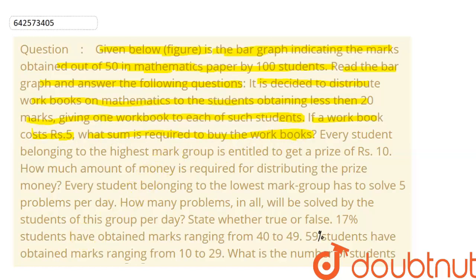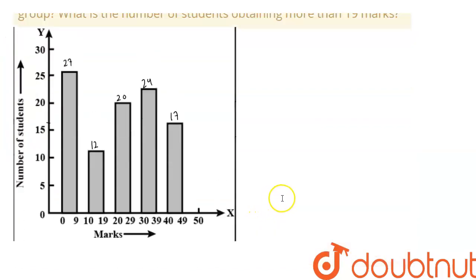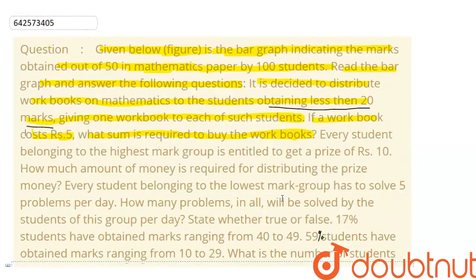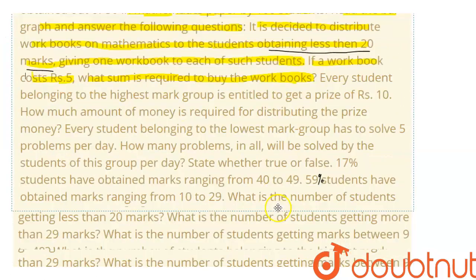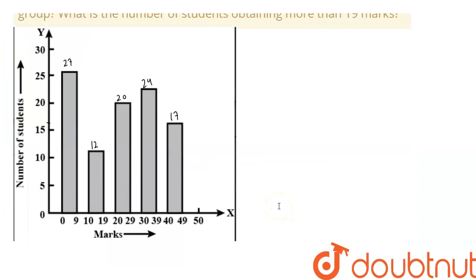So let us first note down all the students who have got marks less than 20. The students who have got marks less than 20 would be 27 plus 12.